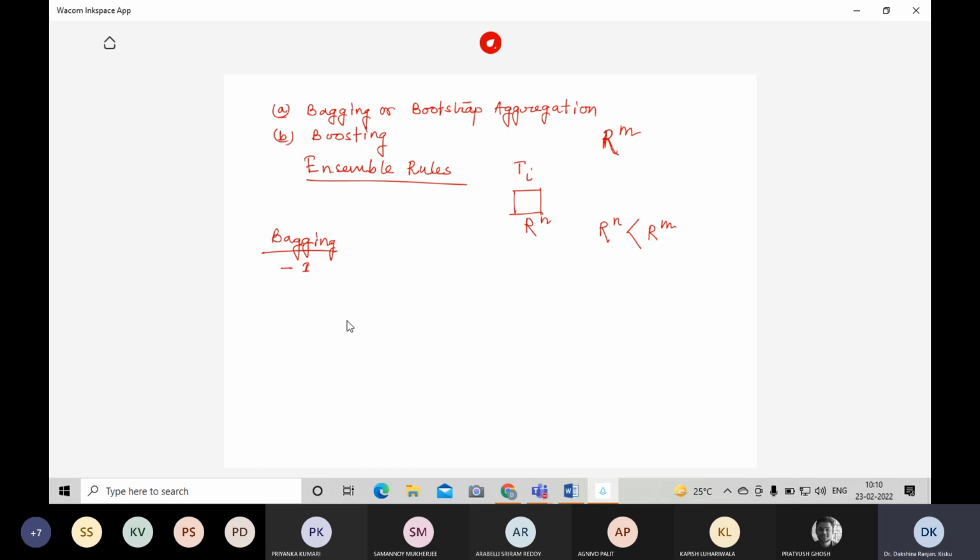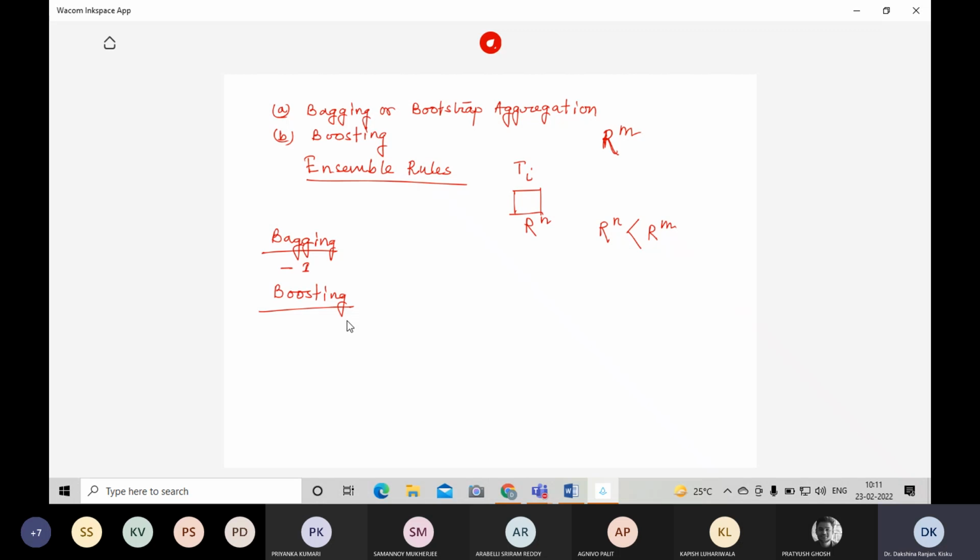Boosting works sequentially. That means boosting is an iterative algorithm where we adjust the weight of the previous decision tree, and get the weight updated in the next decision tree in the sequence.